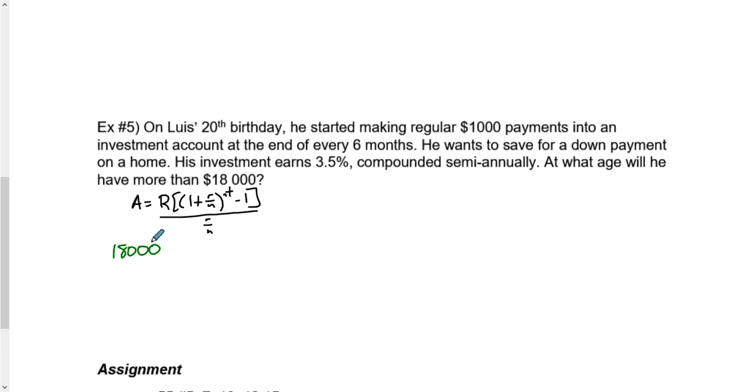Now notice he is trying to buy a home. This is only a down payment. If he's able to put away $1,000 regularly, at a rate of 0.035 compounded semi-annually, we have to solve for the time.